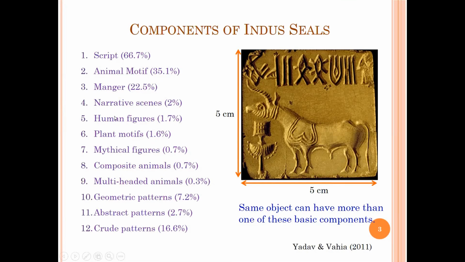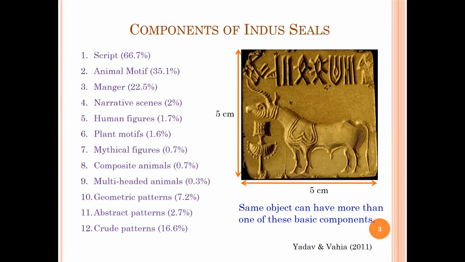We also find at times plant motifs depicted on these inscribed surfaces. We have several mythical figures, composite animals, multi-headed animals where the different heads of different animals are joined to the same body of an animal. And we also have some inscribed material which comes in the form of geometric patterns and abstract patterns.